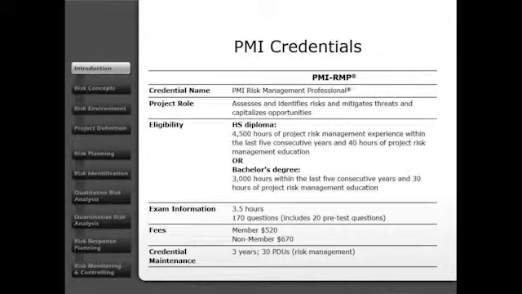Has to be within the last 5 consecutive years, and you must also have 40 hours of project risk management education. Okay, so 4,500 hours of experience, 40 hours of risk management education. If you have a bachelor's degree or higher, that requirement comes down slightly. Instead of 4,500 hours, you'd actually only need 3,000 hours within the last 5 consecutive years, and your education requirement will drop down to 30 hours.